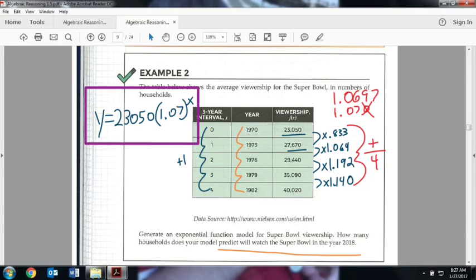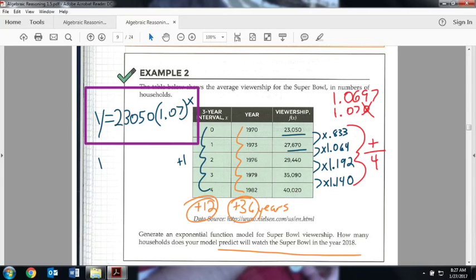So we've got to add 36 years. But we're going up by 3s, so we need to add 12 to get to the x value. Because remember, every one of those steps is 3 years. So 12 plus 4 is 16.